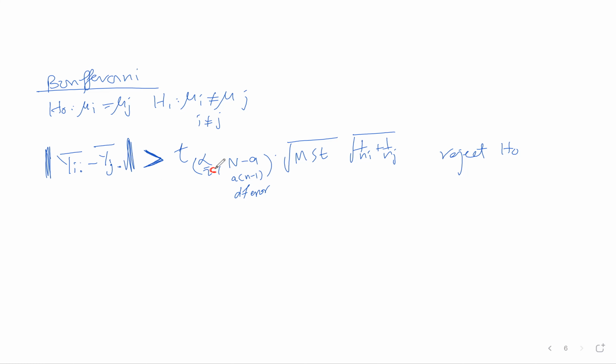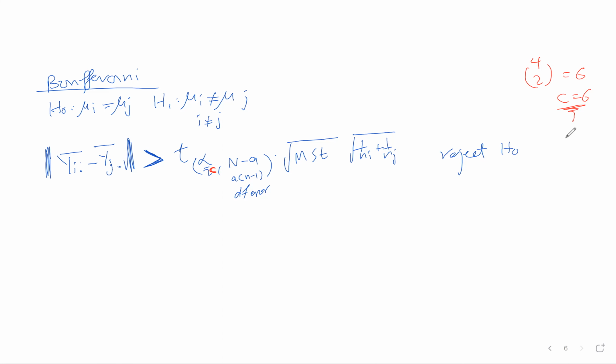He divided alpha by 2c. This is a contribution of Bonferroni. He doesn't use alpha over 2, he used alpha divided by 2c. What is c? It is the number of pairwise pairs you are interested in. So if you have 4 treatments, your number of pairs is 4 choose 2, which is 6. So c should be 6, but sometimes we are not interested in comparing all the treatments.